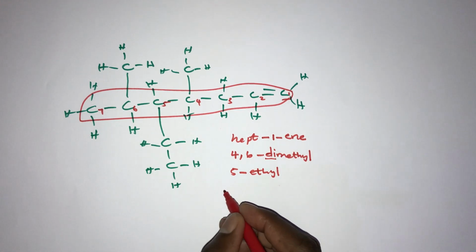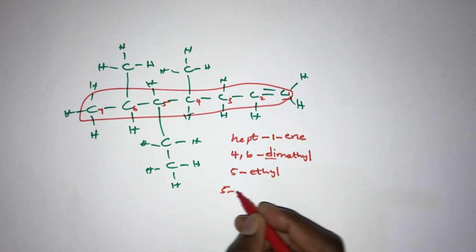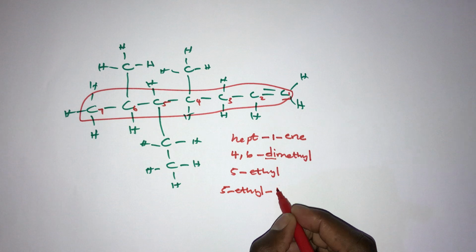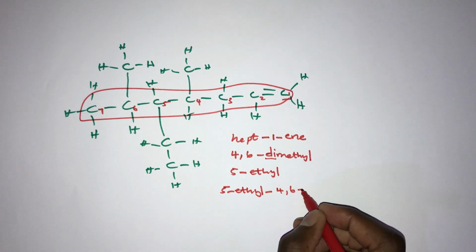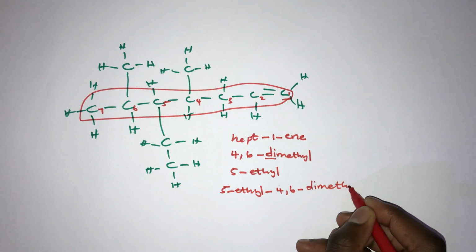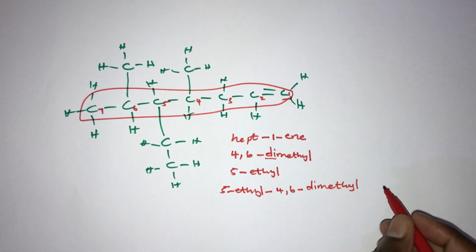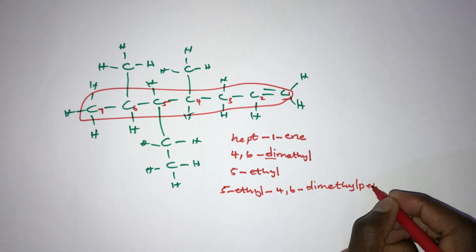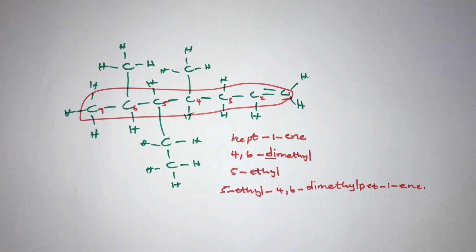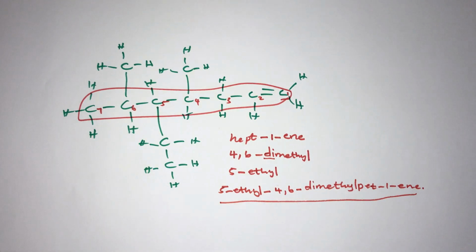So that means we'll start with 5 dash ethyl dash 4, 6 dash dimethyl. Then hept-1-ene. So that means this is the name for this structure.